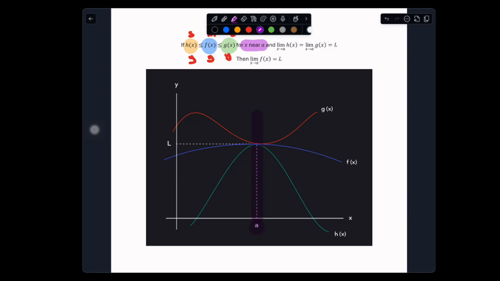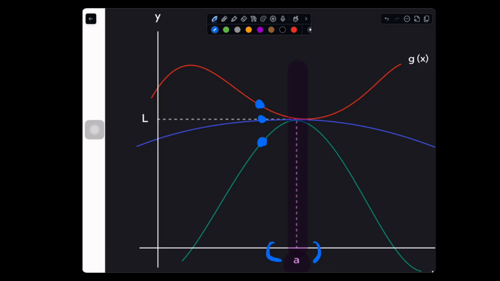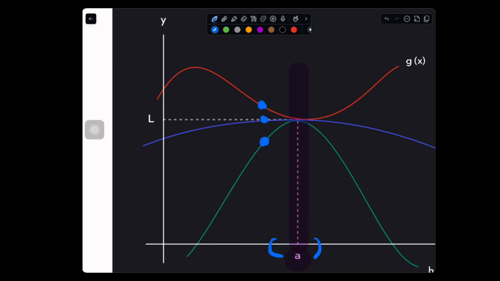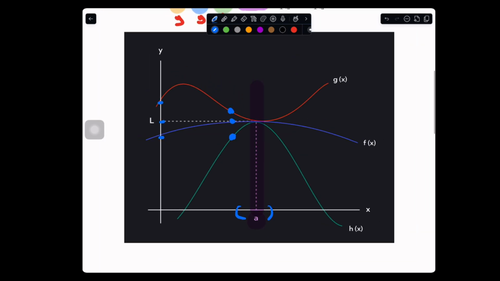Anyway, what you're seeing is for the values of x that are around this a value, being near, this h, f, and g, the further the elevation is, the larger the y value, right? These are all those corresponding y values, if you want to think of it that way. And that's happening to the left. It's also happening to the what? To the right. For x somewhat near a.